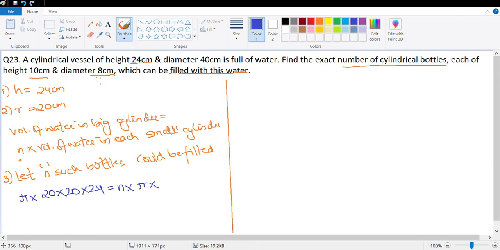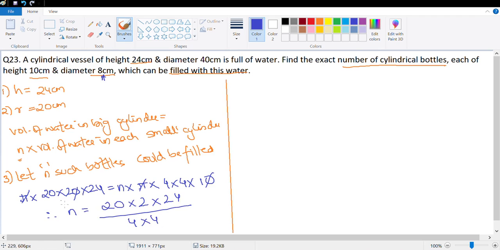In this case, R is not 8 but 4, because the diameter is given, so 4 into 4, and H is given as 10. Pi and pi get cancelled, and the 10 and 10 get cancelled. Therefore, n is equal to 20 into 20 into 24 upon 4 into 4.